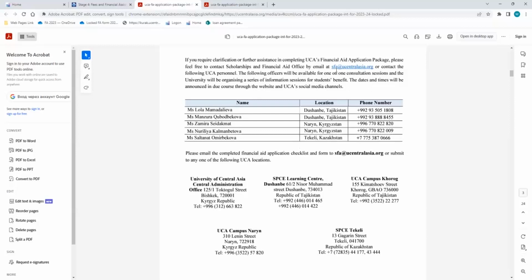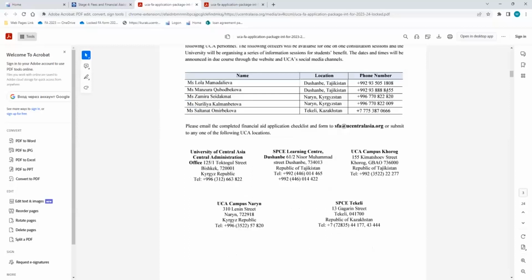It's sfa@ucentralasia.org. I think all of you already know we have sent those emails from this email address. And we have shared with you our colleagues' contact details, phone numbers.